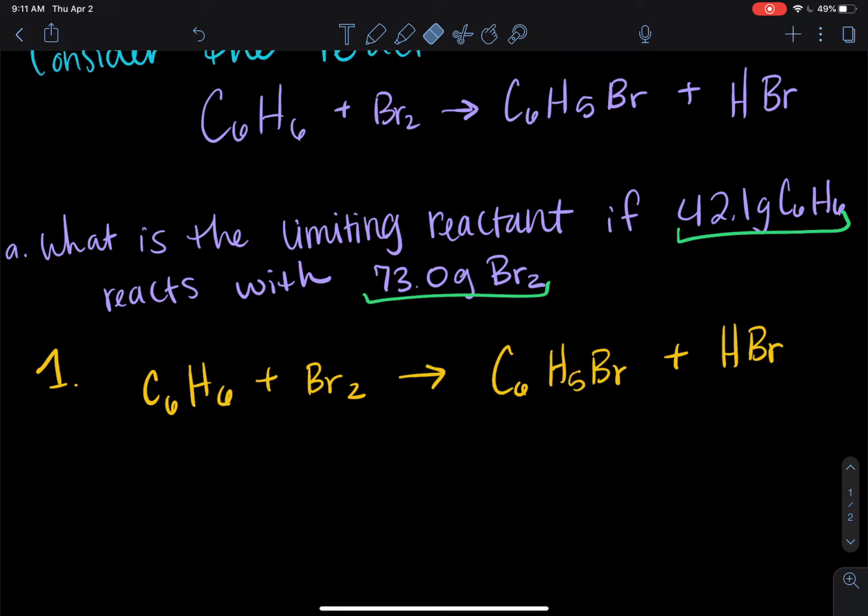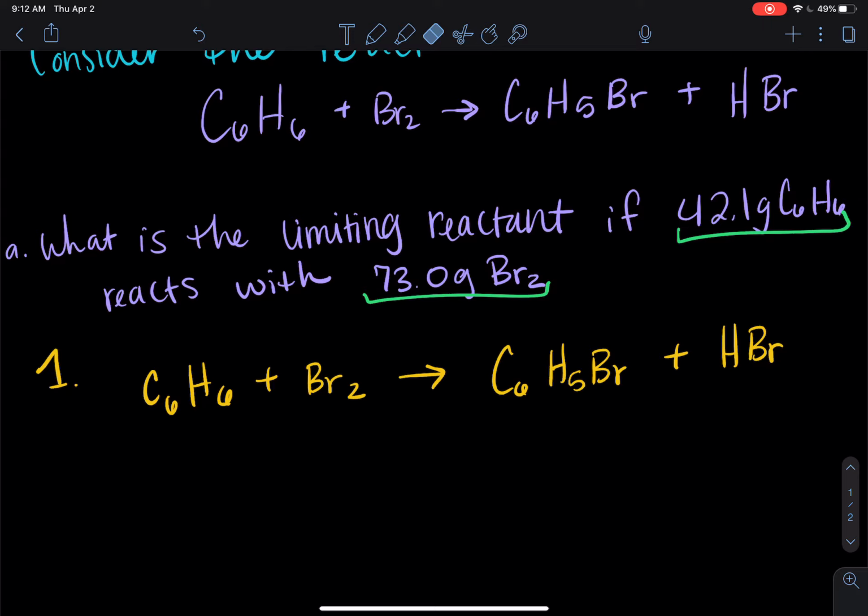Because since we're given one reactant and we want to know how much product we're made, we're going from a reactant to a product. So we have to have a full balanced equation in order for us to go from one compound to another compound. So let's look at this and just make sure it's balanced.